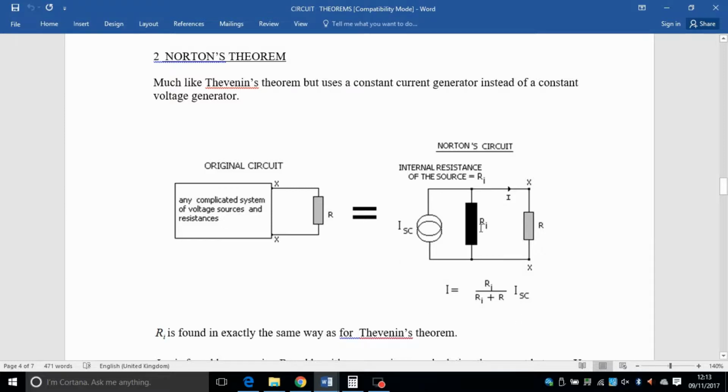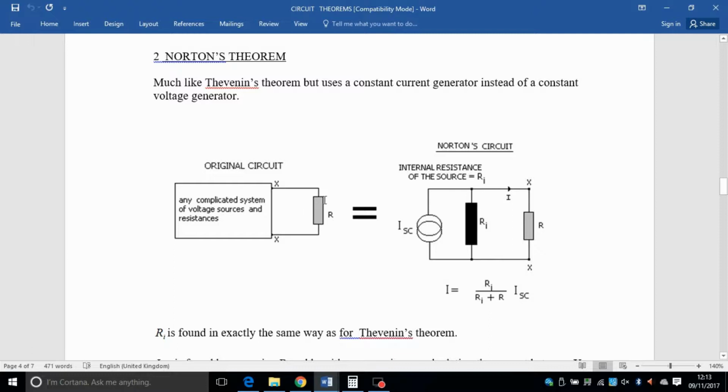To find the internal resistance is absolutely the same. So you take the load out, and from these 2 points you look at the system and see how much the internal resistance is without the sources of supply, obviously.